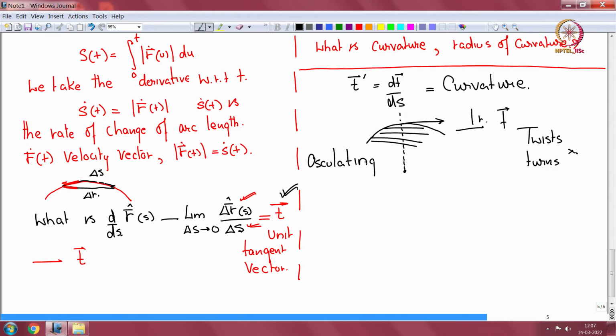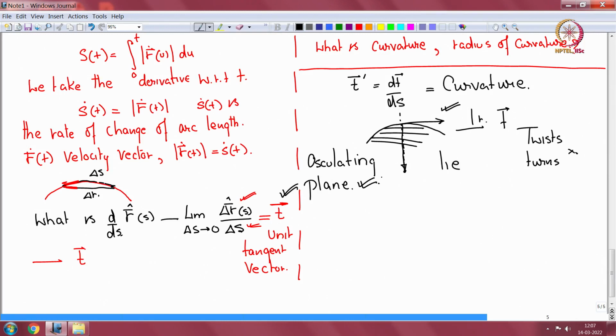As I said, I am not going too deep into that. So this tangent vector and this curvature vector will lie in this osculating plane.